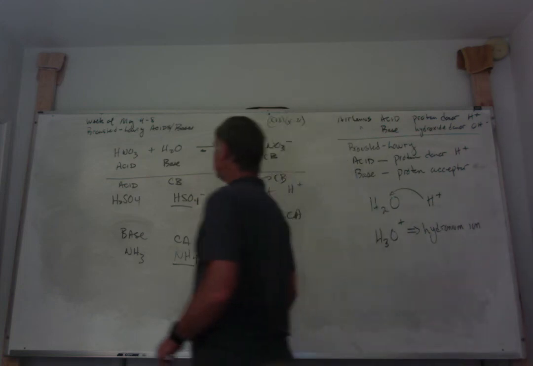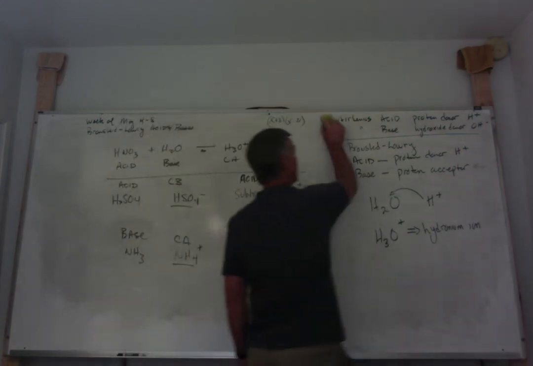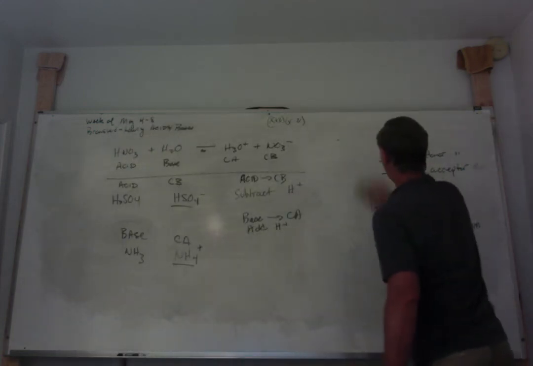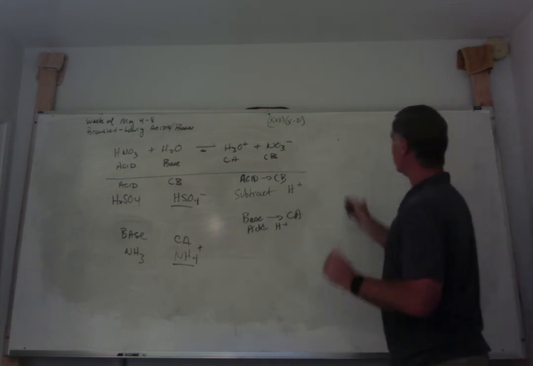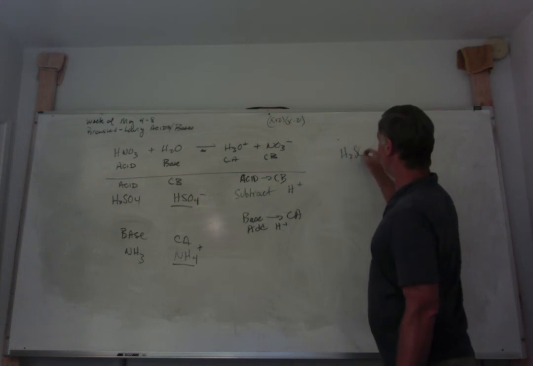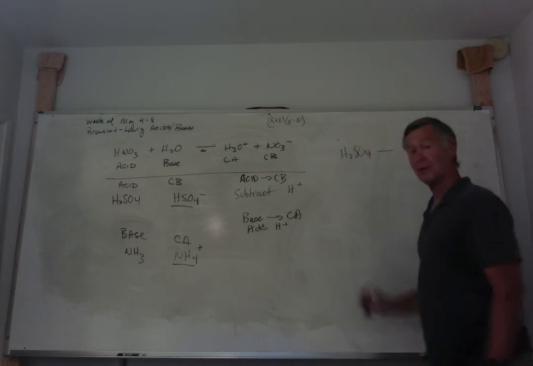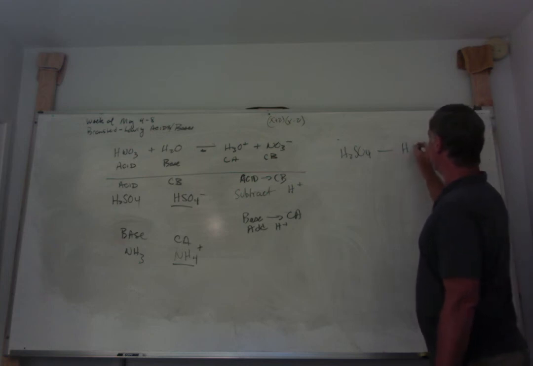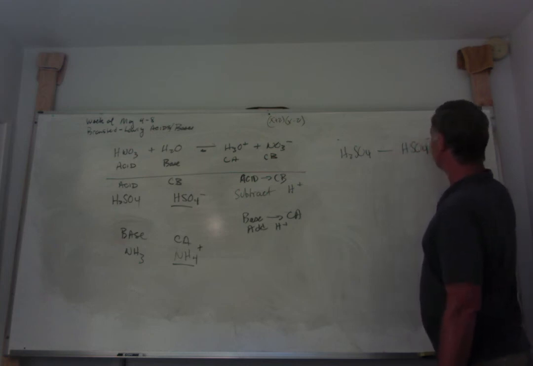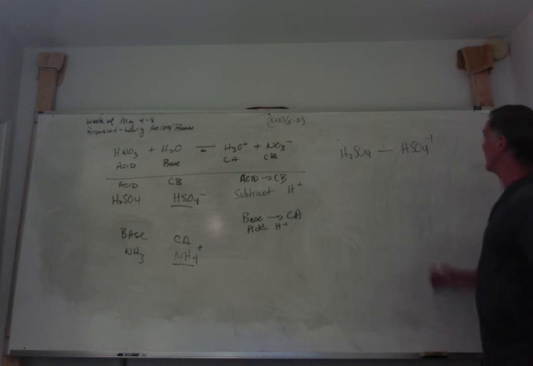By the way, something like H2SO4, this is going to be a little mind expanding here. When it forms its conjugate, it loses 1 and gets HSO4 with a minus 1. We just did that. But this, it turns out, is also an acid. It has a hydrogen it can get rid of.